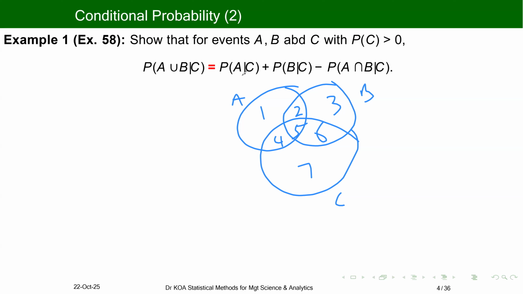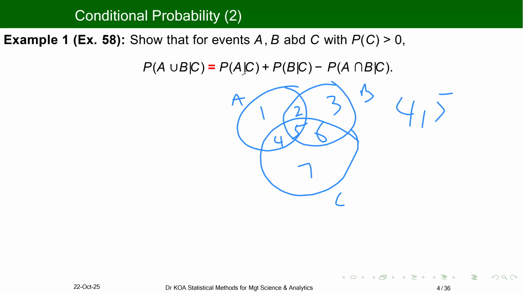What are the elements? 4, 5. A given C. So when C happens, 5 and 4 happen. So what are the elements? Again, 4, 5. Good.